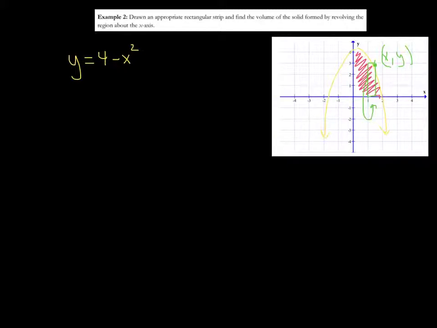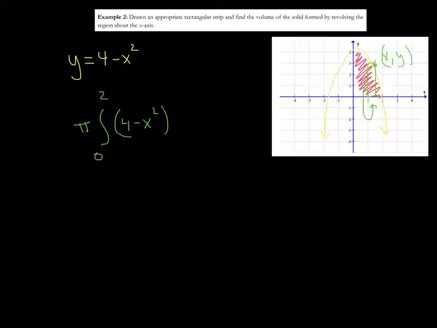And we are going to integrate this from 0 to 2. Once again, if you look at your formula, the volume of a cylinder is pi r squared h, so pi comes out there. Our radius is the y coordinate, so that's going to be 4 minus x squared.